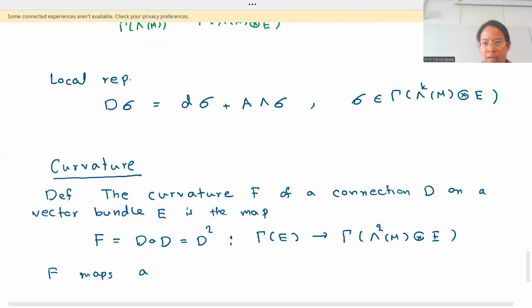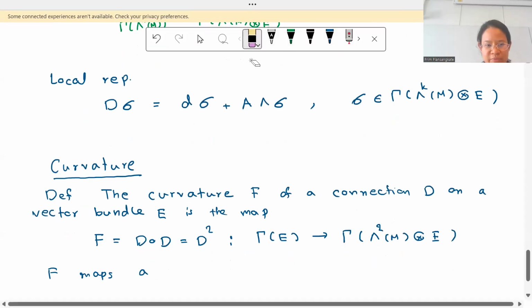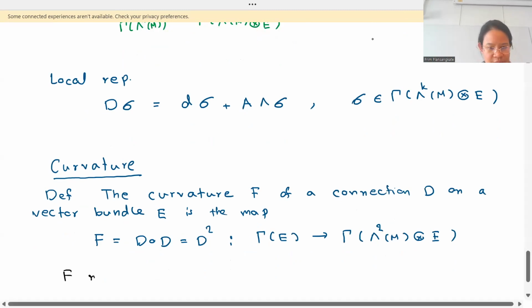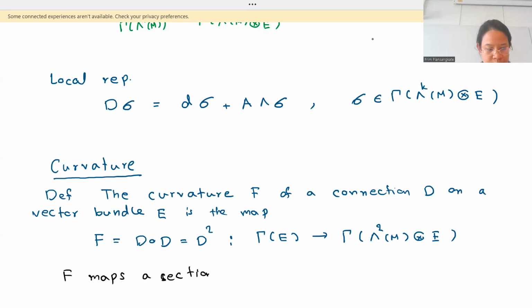So, let me write it in a different color just to note that F maps a section of E to an E-valued two-form.